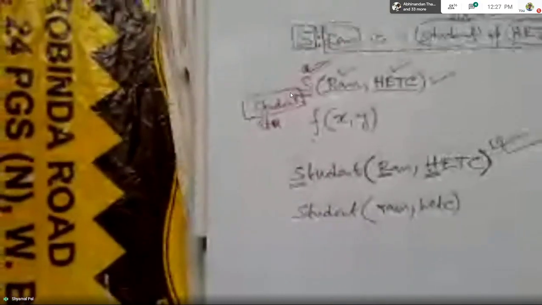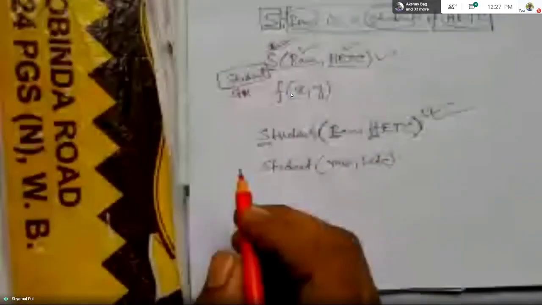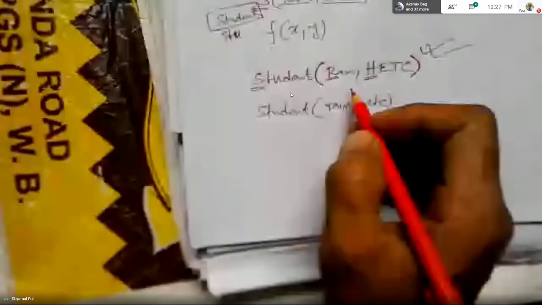But according to the standard syntax or nomenclature of predicate logic representation, normally this one is used, not this one. Although these are meaningful, according to standard predicate logic representation you must write in that way.